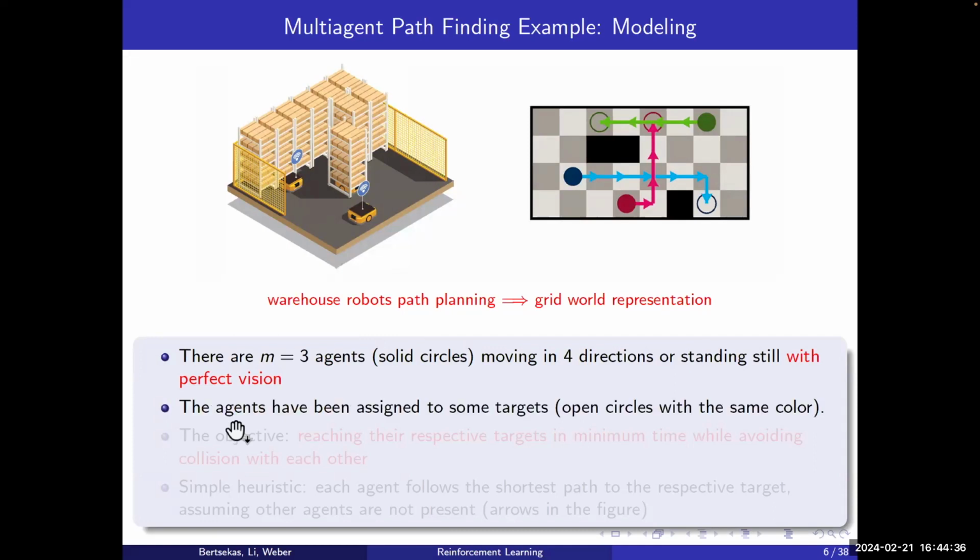So the agents have been assigned to some target. For example, this particular agent shown by a red solid circle. The open circle with the same color is the target that this agent aims to reach. The objective is for all agents, all robots, to reach their respective targets in minimum time while avoiding collision with each other.